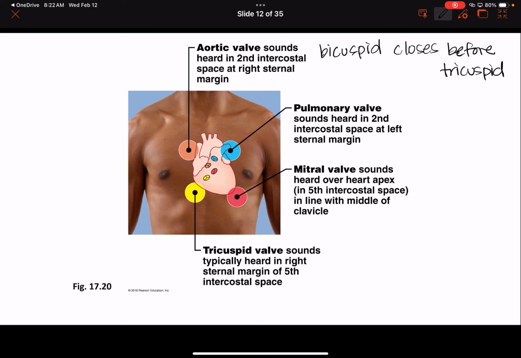So they're all closing at separate times, and your physician can hear all 4 individual valve sounds. They can do it on the front or the back, but they move around in order to listen for all of those sounds. I won't test you on exactly which intercostal spaces you could hear them in. Just know that you can hear all 4 of those valve sounds.